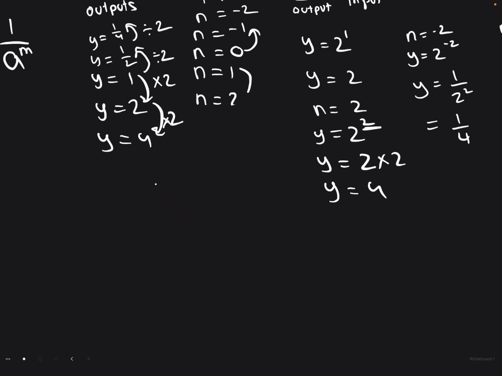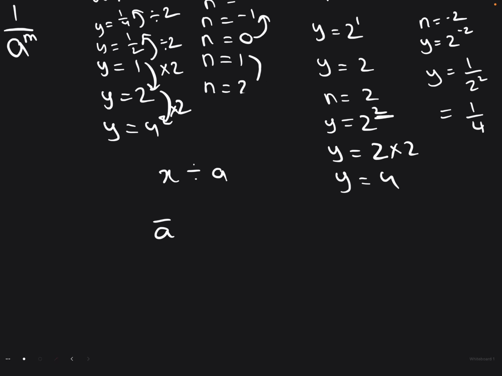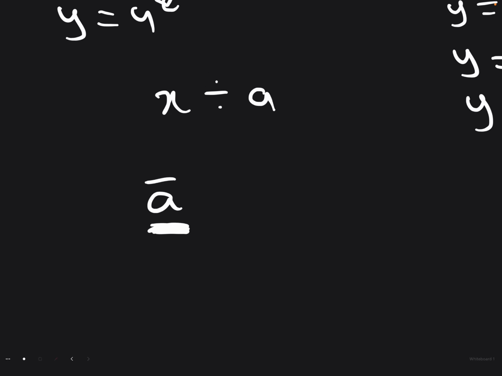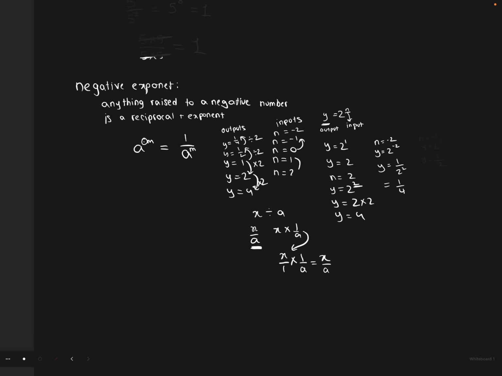Whenever you're dividing a value by any number, you always take its reciprocal, because the denominator, like we stated up here, is dividing from the numerator. So you would write this as x times 1 over a, which is also x over 1 times 1 over a, and when you multiply this, you get x over a. That should be clear now.